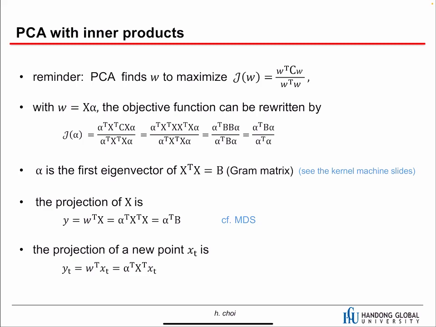Okay, so PCA finds W to maximize this Rayleigh quotient, and this is the really tricky part. W is an eigenvector, but we can rewrite W as x times alpha. Let's assume that we have lots of samples like this.